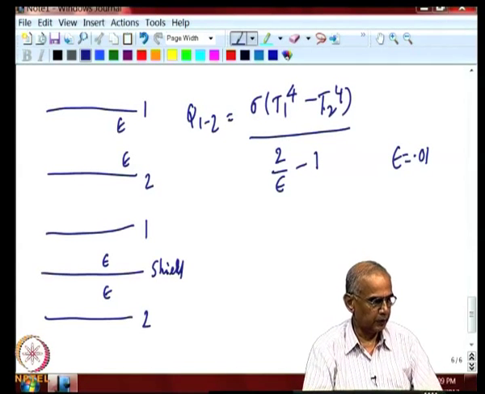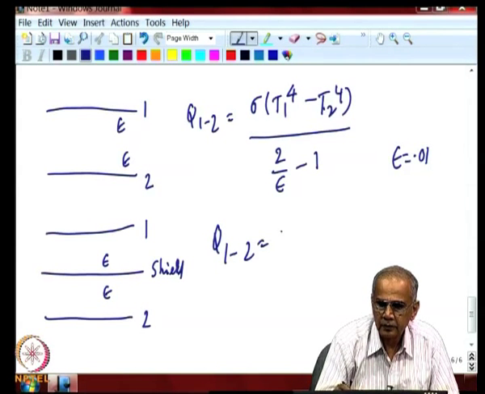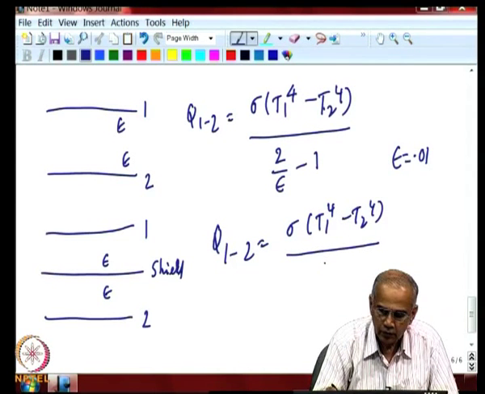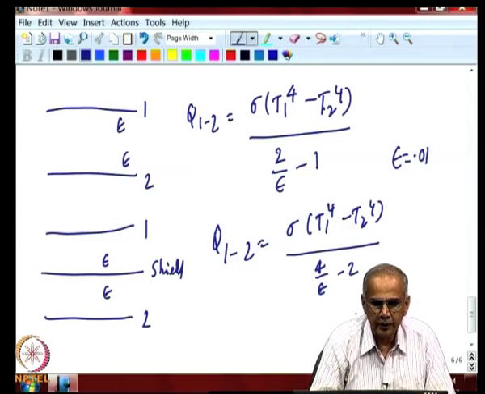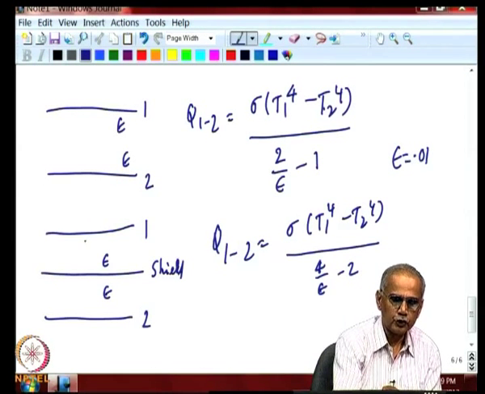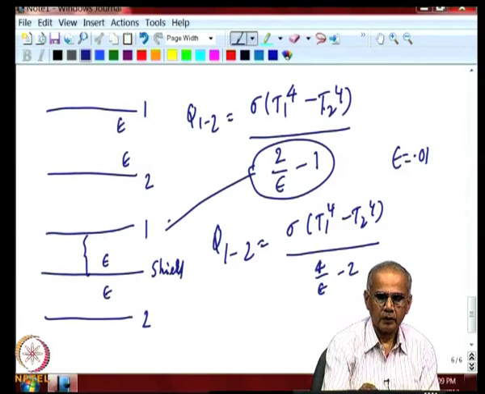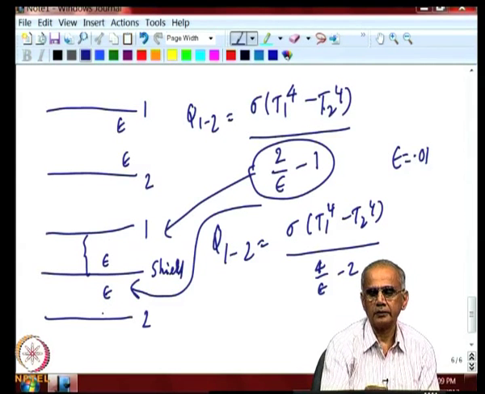It can easily be shown that Q12 in this case will be sigma T1 to the power of 4 minus T2 to the power of 4, divided by 4 over epsilon minus 2. Now, this is coming in because between these two parallel plates it is 2 over epsilon minus 1, and between these two parallel plates the same, and the resistors are added, you get this.